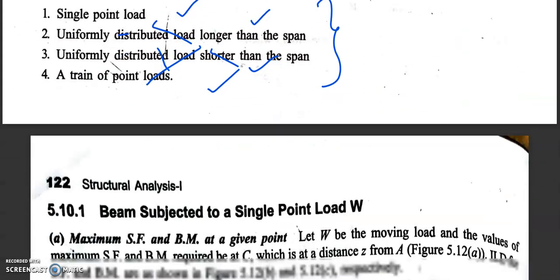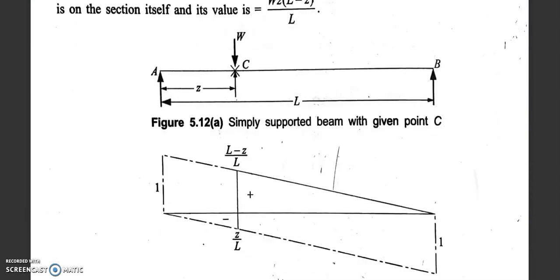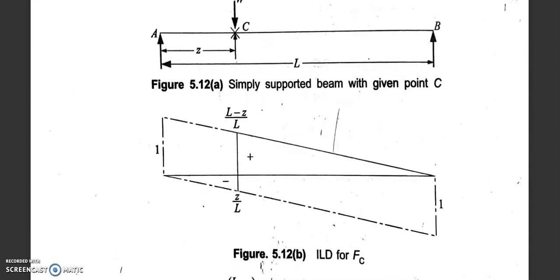So first we will see when a beam is subjected to a single point load. As we have seen before also, we are already familiar that wherever we have the section, this is a section point. Correspondingly, we know to draw the shear force diagram.